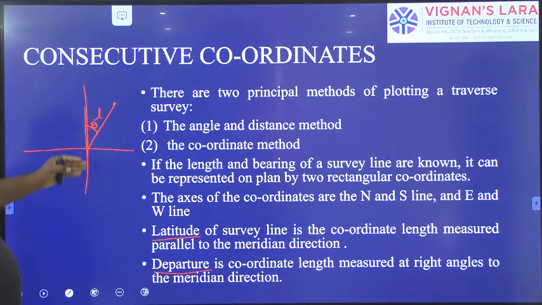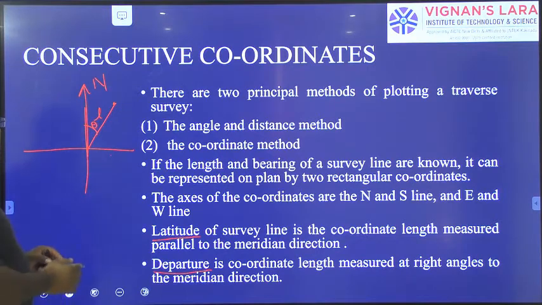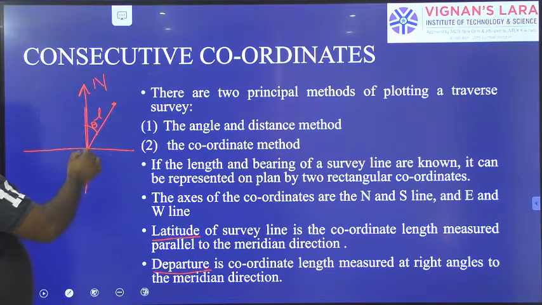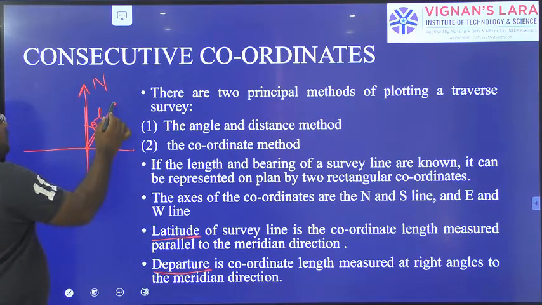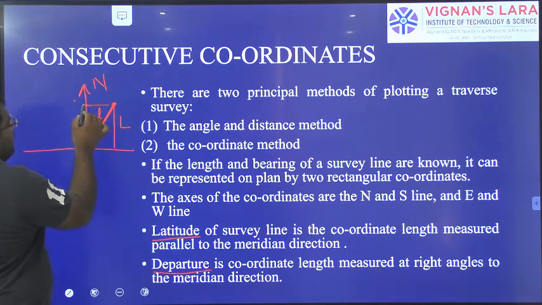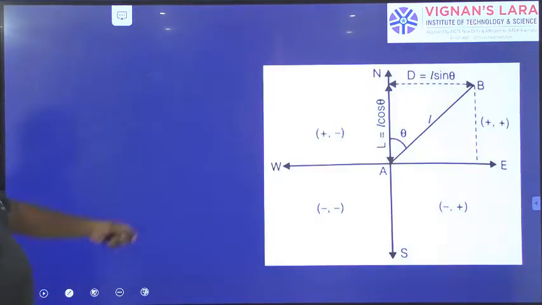The coordinate length measured parallel to the meridian direction, the north direction, for a particular survey line, is called latitude. Similarly, if you are measuring the coordinate at right angles to the meridian direction, that is called departure.